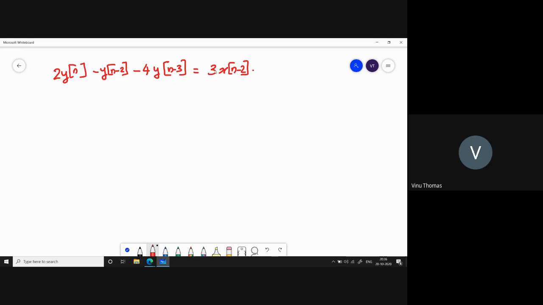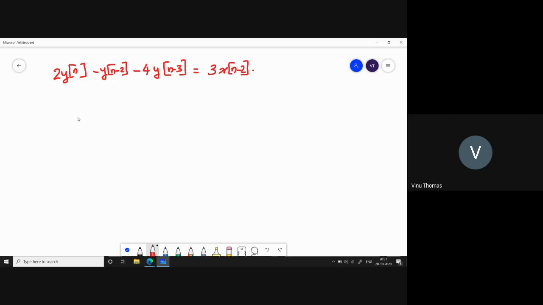The output does not depend on the present input and the immediate past input. So the output depends on the input sample that had appeared 2 time samples before the present sample, and the output samples y(n minus 2) and y(n minus 3). So you have to implement this now. So let us see how this can be implemented.